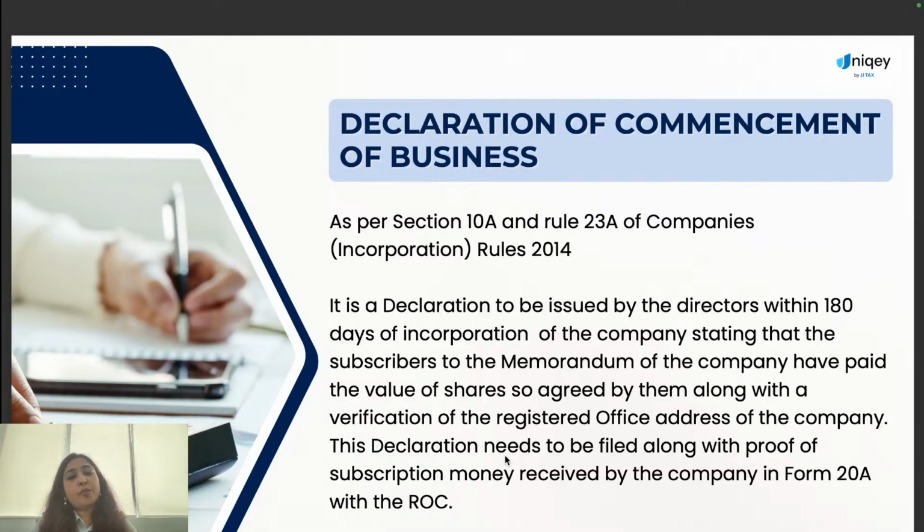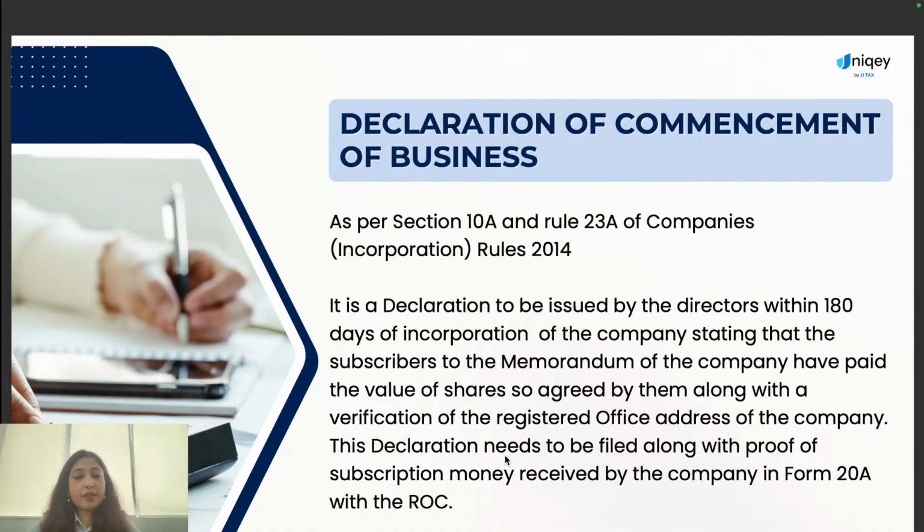Declaration of commencement of business is very, very important for all businesses. If they are not reporting this, then they can face a major issue. The declaration of commencement of business is required to be filed by the company, stating that the subscription amount has been received from the subscribers of the company.